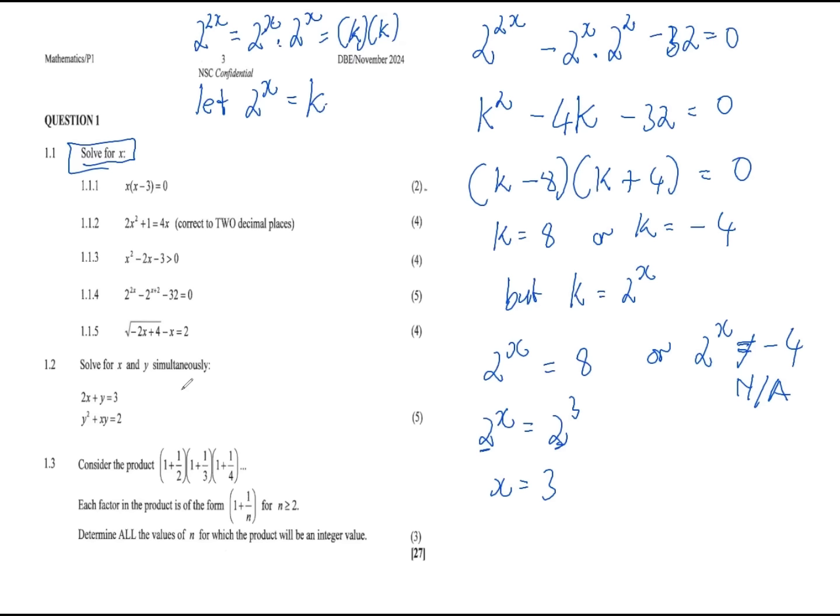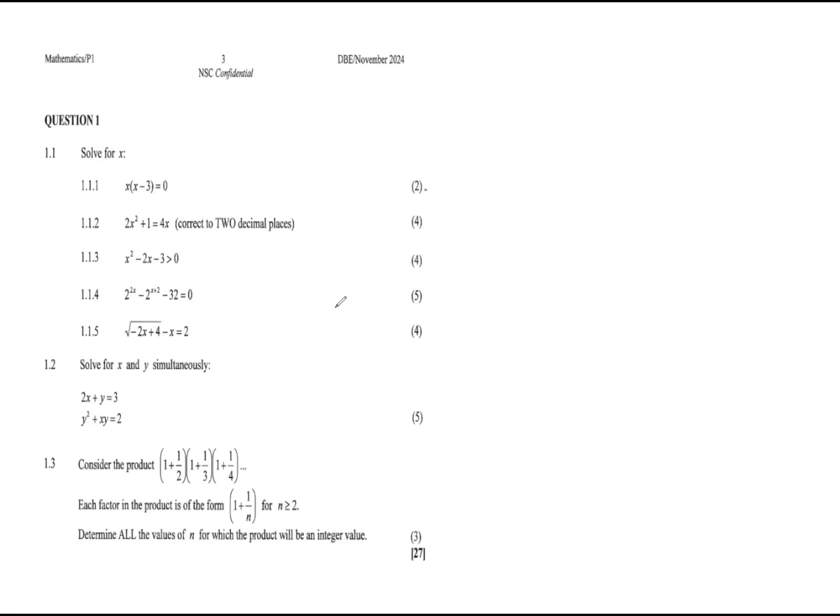Okay, sharp. Then 1.1.5, we have this. So 1.1.5, this is the square root of negative 2x plus 4, and then this is outside, right? So we have minus x is equal to 2.